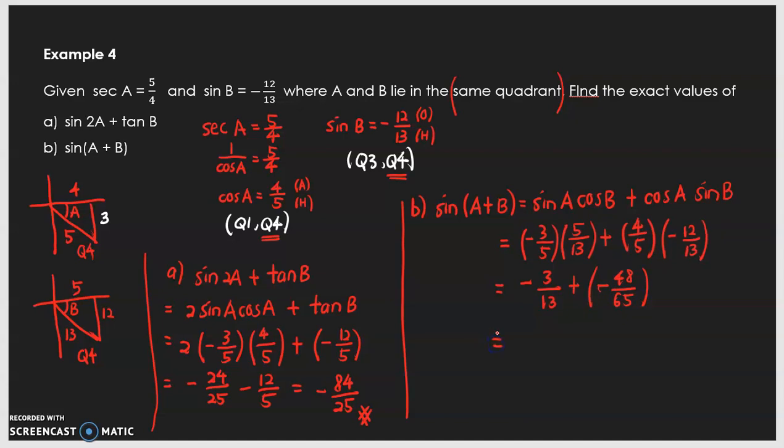Finally, the answer is negative 3 over 13 plus negative 48 over 65. So here the answer is negative 63 over 65. So here is the answer for question B.